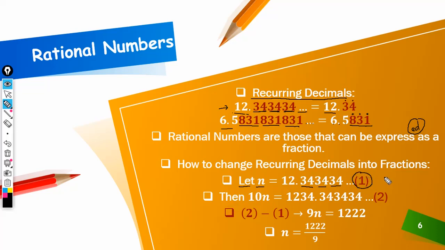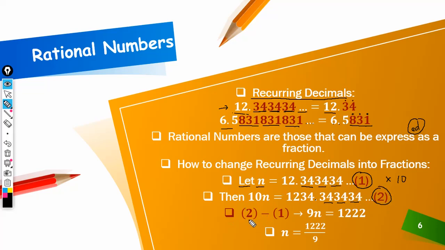And then you multiply the first equation by 10. So 10 times n is 10n equals 10 times 12.343434, so you get 123.43434. This is the second equation.